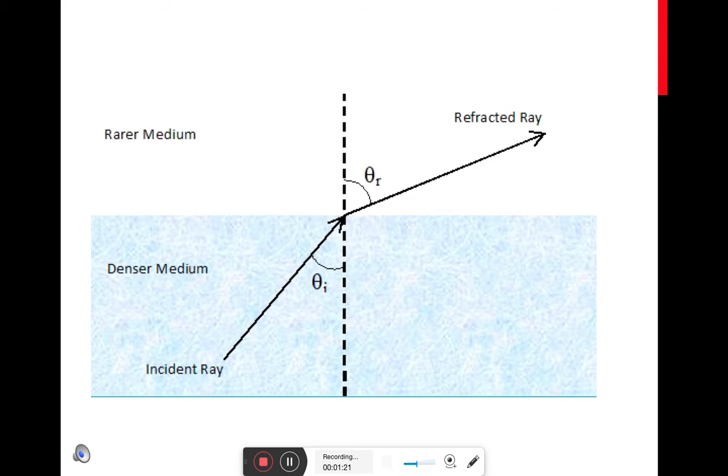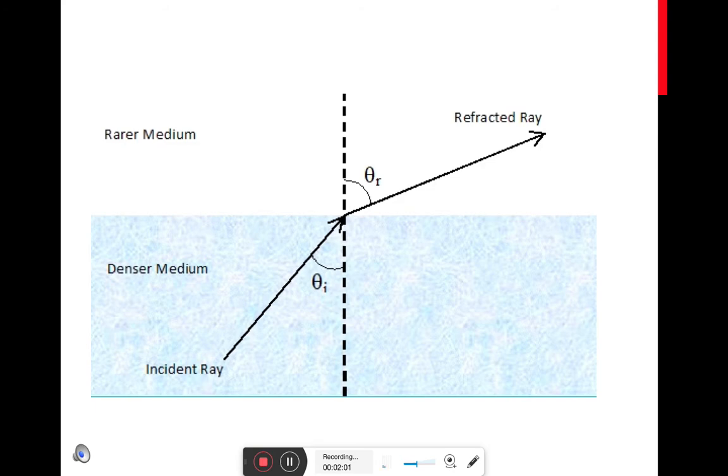So you can see the incident ray. The incident ray is nothing but an incoming ray. When this incident ray is incident on a denser medium with an angle theta I, called the incident angle, the ray gets refracted. Why does the ray get refracted? Because the incident ray is going from a denser to a rarer medium at an angle theta I. The angle theta I is called the angle of incidence, and the angle theta R is the angle of refraction.